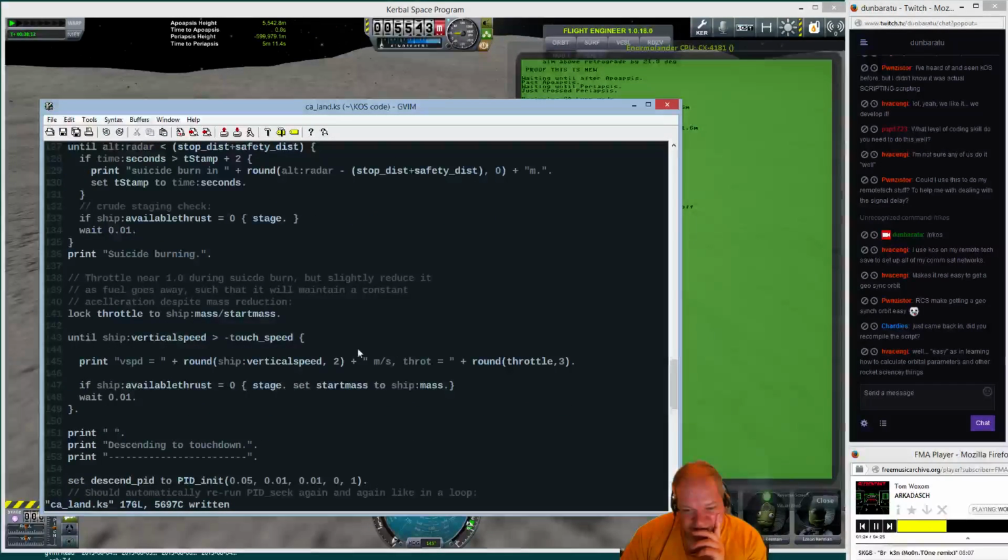Think about my logic here. This ship mass divided by start mass idea. If, let's say, I had 90% of the mass I originally did, hypothetically, so this is 0.9.